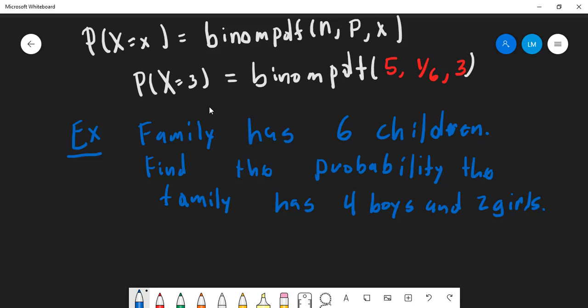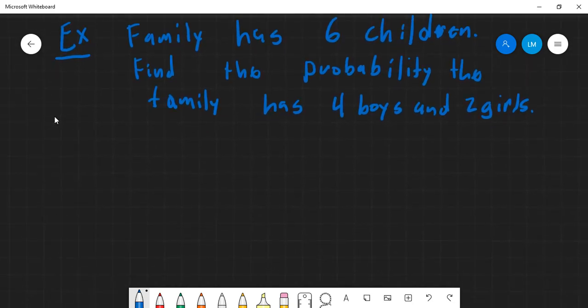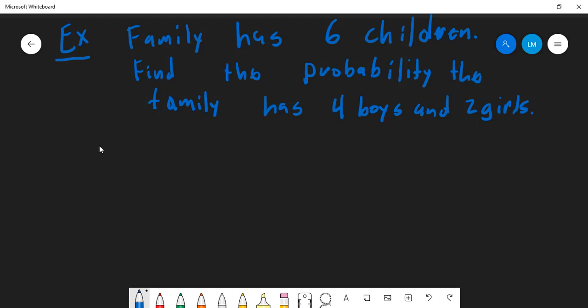Okay, well, this question says that we can just go ahead and find that the number n is going to be 6, the number x is going to be equal to 4, and our p is going to be 0.5.